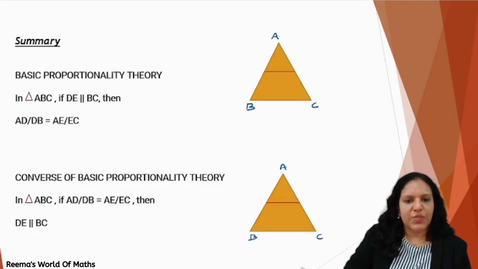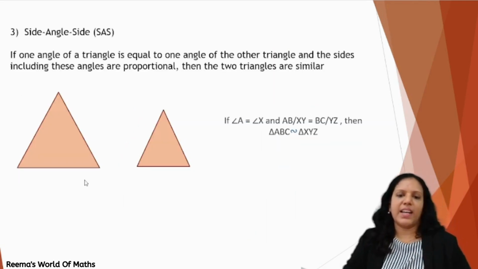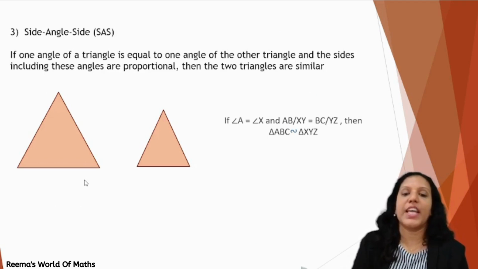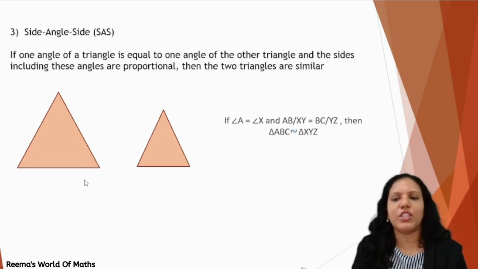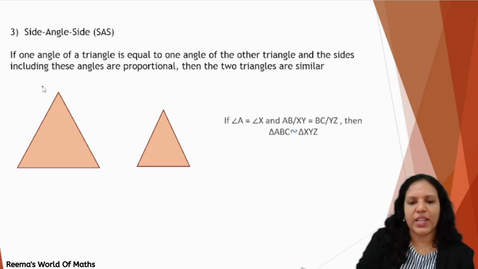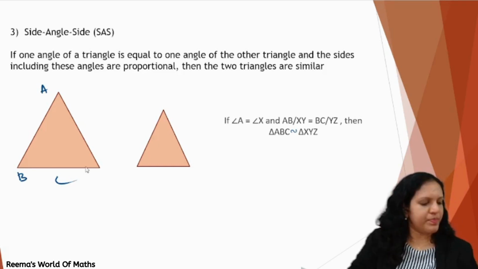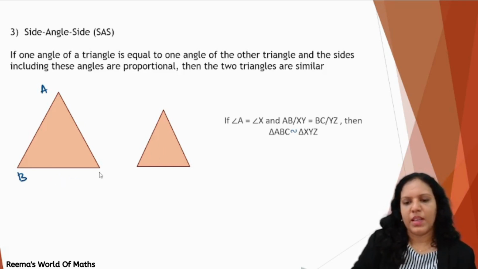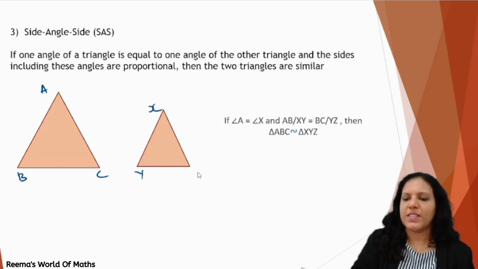Let's see the last one, which is side, angle, side. Same, we can say if one angle of a triangle is equal to one angle of the other triangle. Now we have triangle ABC and triangle XYZ.